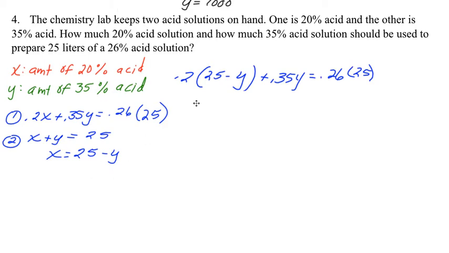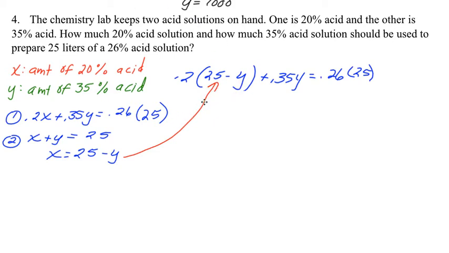So let's go ahead and solve these. I have this one solved for x, and I'm going to plug that back into the other equation. Wherever you see the letter x, replace that.